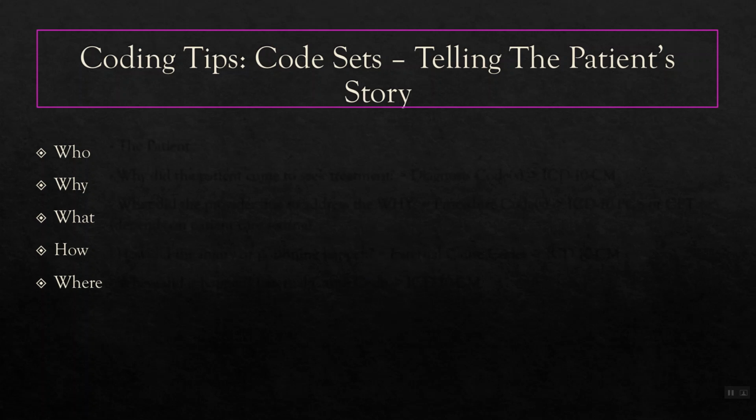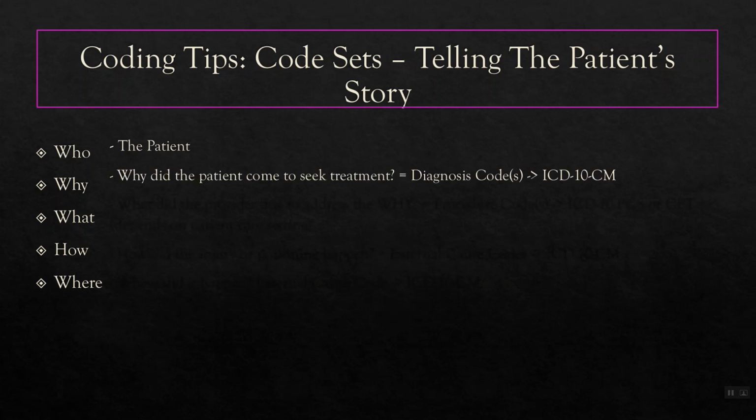So who is always going to be the patient. The why is, why did the patient come to seek treatment? That's always going to be a diagnosis code or ICD-10-CM code, regardless of the patient care setting. So we're always going to say why the patient's there on every claim, and it's always going to be ICD-10-CM.